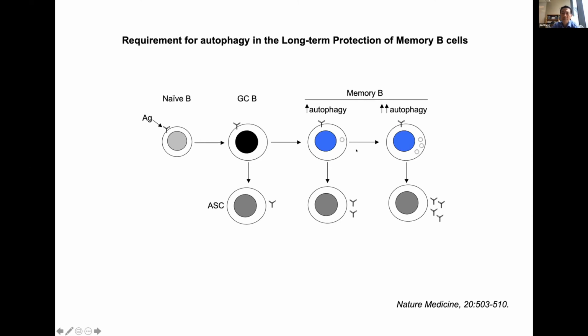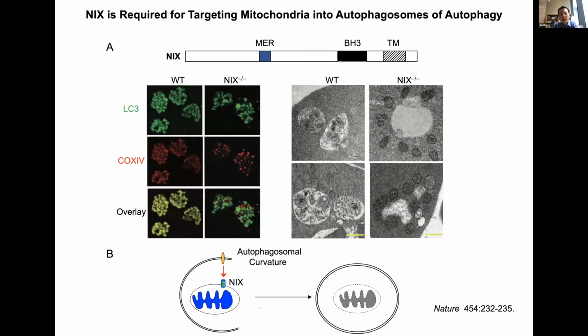So autophagy is essential for all vaccines to work, in order for your immune system to remember infections and fight them when you encounter them again. We also accidentally discovered that the molecule called NIX is required for sequestration of mitochondria for degradation. Without NIX, the mitochondria stay outside.